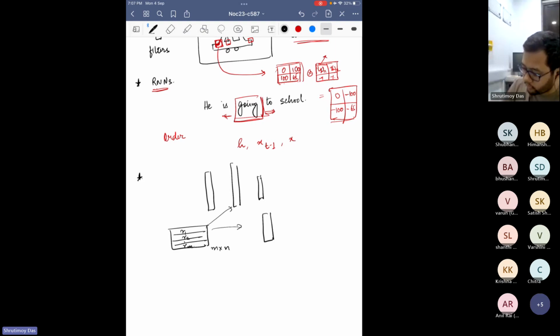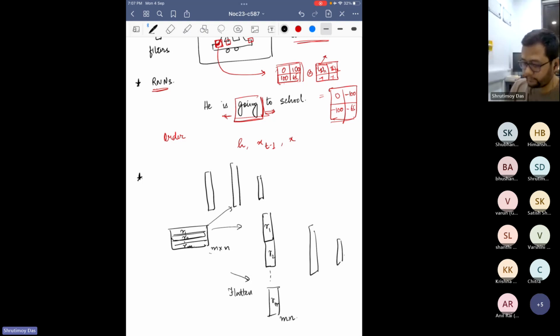Then we append row 2 below row 1, and so on, and at the end you will have row M. So earlier it was an M by N matrix. Now you have an MN dimensional vector. Now you can pass this vector into a neural network like this. This process is called flattening. Is that clear?